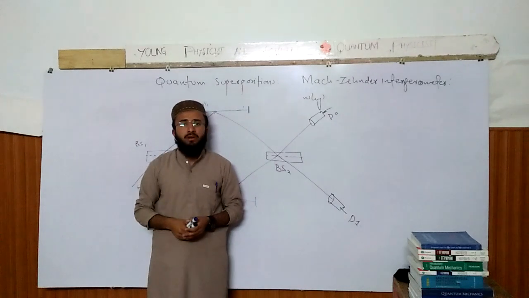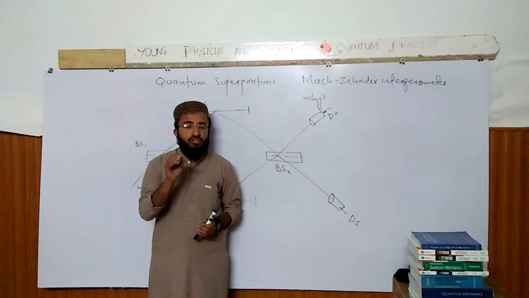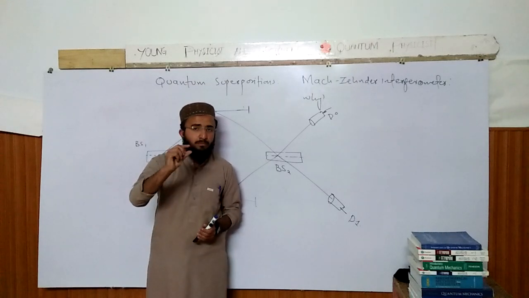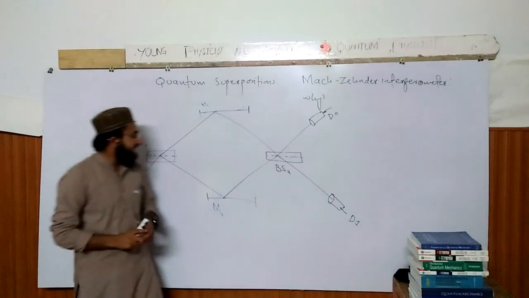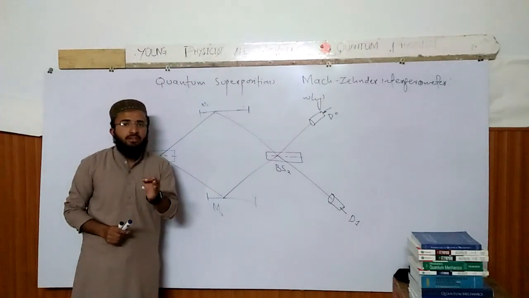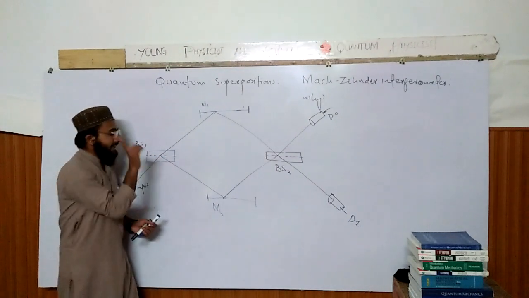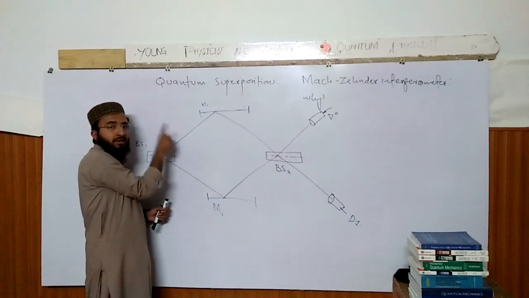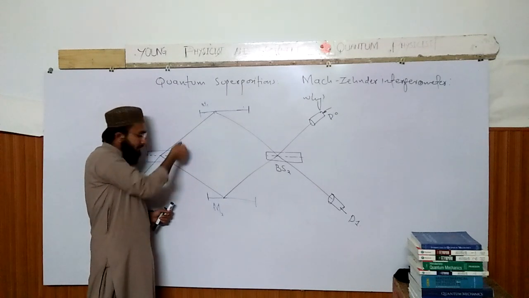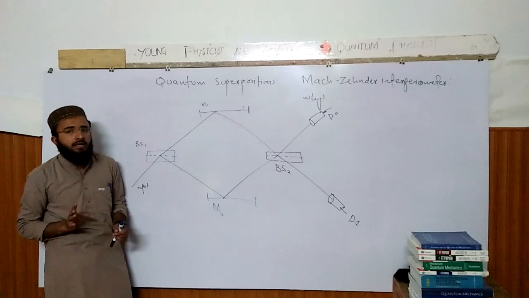But that is impossible, because it would be against the conservation of energy. Therefore, the key point is that each photon must interfere with itself. So a single photon is present in this beam as well as in this beam. This is the very important point.